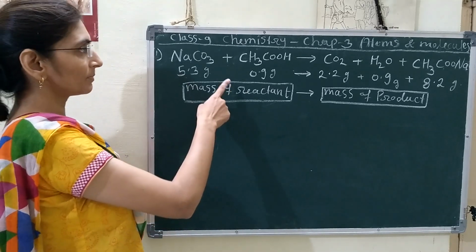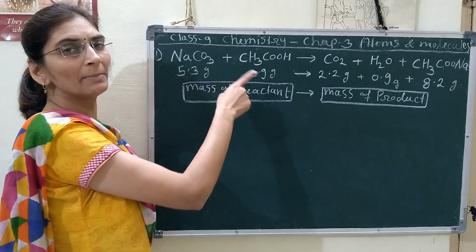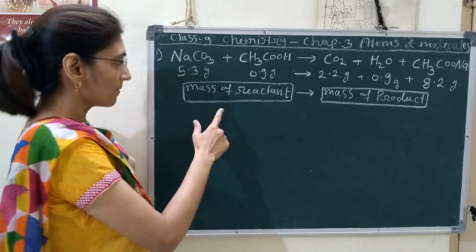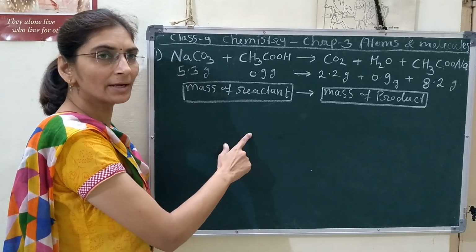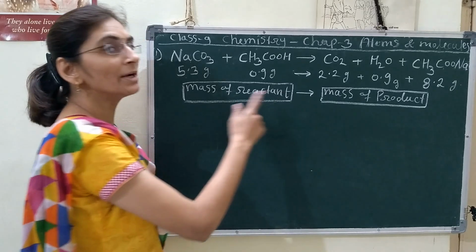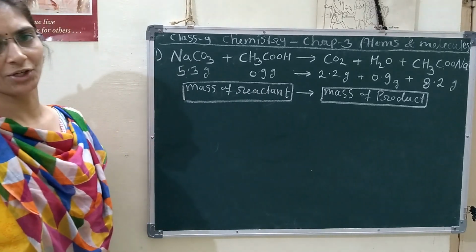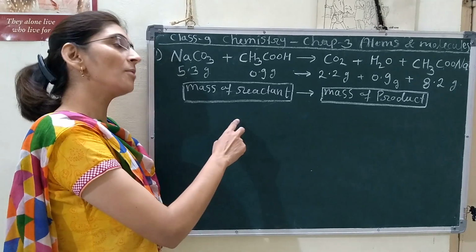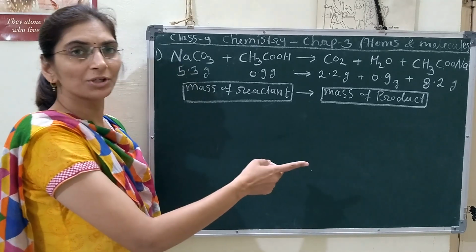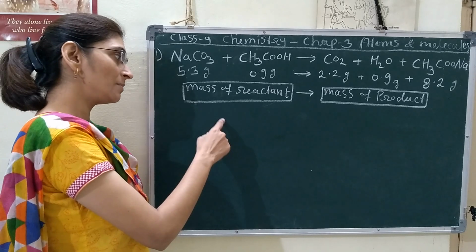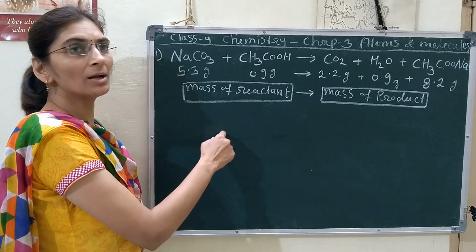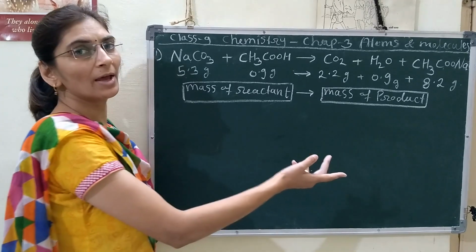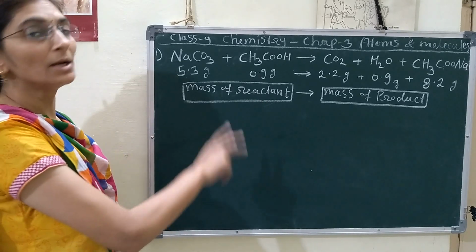So what are the laws of chemical combination? The first law is that mass is neither created nor destroyed during a chemical reaction, and the second one is the law of constant proportion, which means the atoms having a relative number is constant everywhere in the molecule, in the compound.